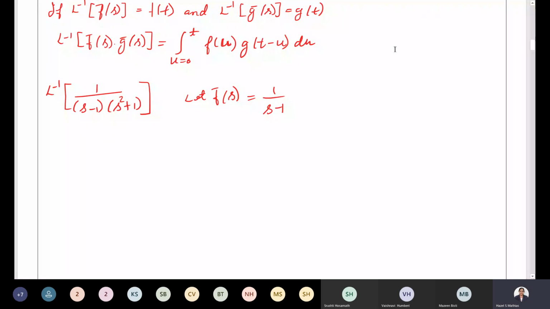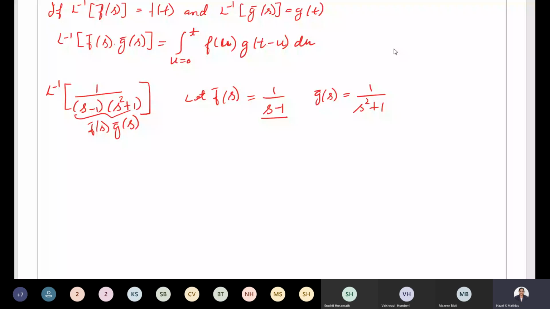That is equal to 1 by s square plus 1. So this entire thing is the product of f bar of s into g bar of s. You can take any choice of f bar of s; here I have taken 1 divided by s minus 1 as f bar of s and 1 by s square plus 1 as g bar of s.